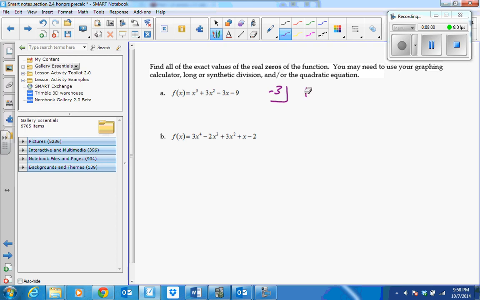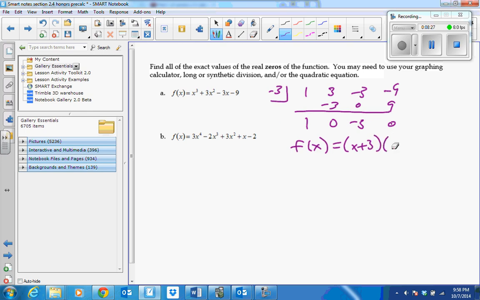And I'm going to have 1x cubed, 3x squared, -3x, and -9. So what this gives us is that this would factor to x plus 3, and then this quotient here would give us x squared minus 3.